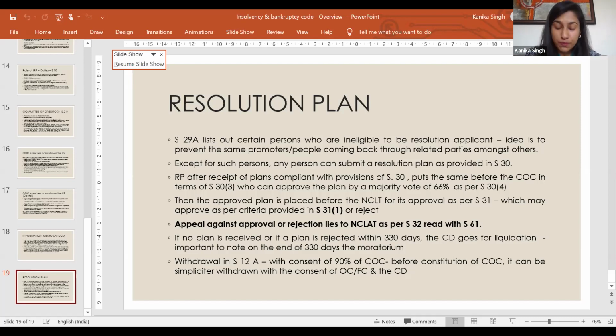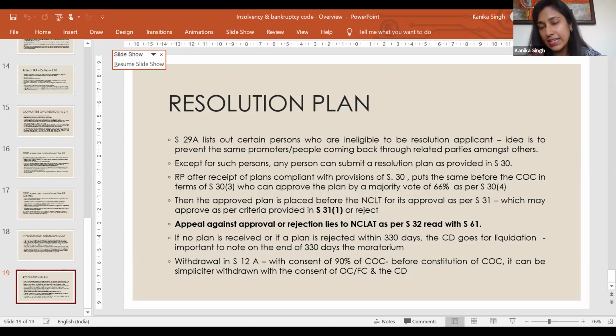When the resolution plan is received by the RP, that is your resolution professional, he will scrutinize it, check whether it is in accordance with section 33, and then put it before the committee of creditors. The committee of creditors can either approve the plan by a voting right of 66% or reject it if it doesn't find it meeting the compliances or otherwise is not happy with it.